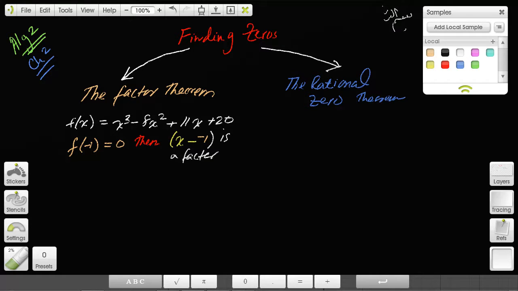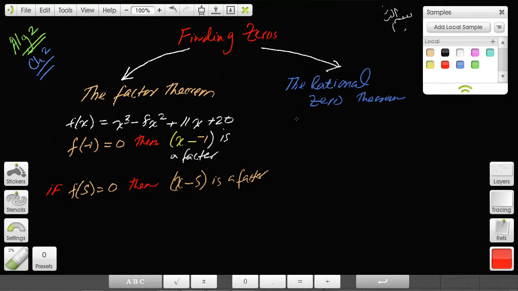That's what that means. Now, if you put it in more formal terms, if f of s is equal to 0, if f of some number is equal to 0, then x minus s is a factor of the polynomial function we were talking about.